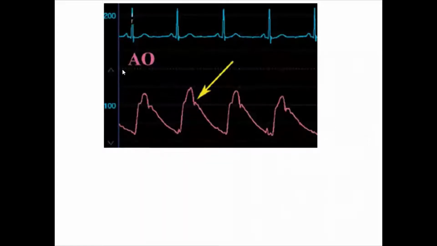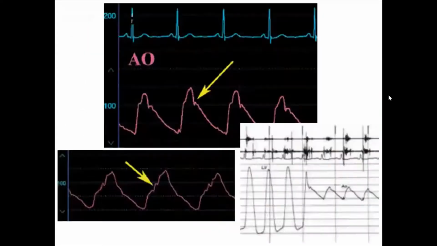Normal pressure for the aorta is around 120/80. The dicrotic notch is very important in the descending limb of the hemodynamic tracing or pressure.